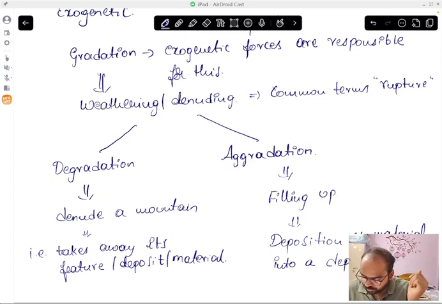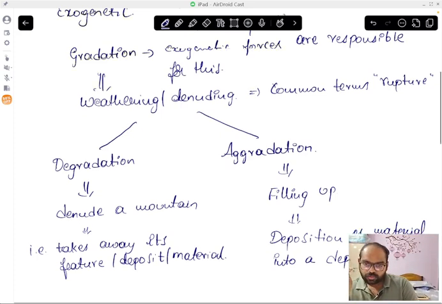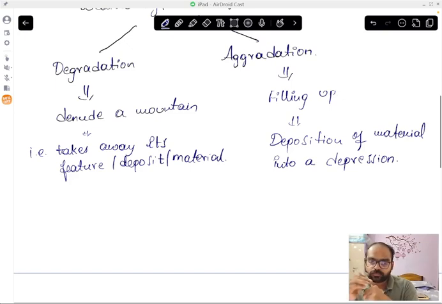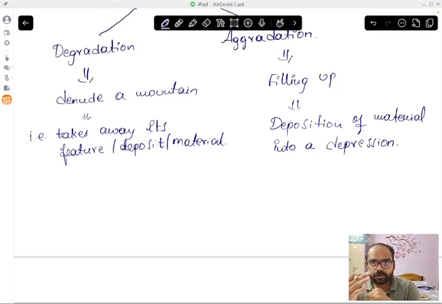Filling up of deposits, deposition, is called aggradation.